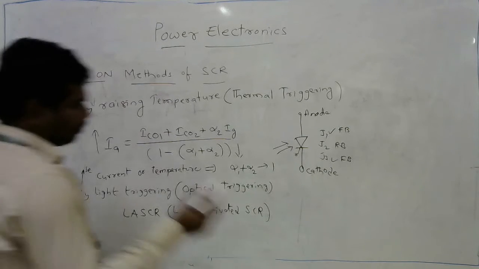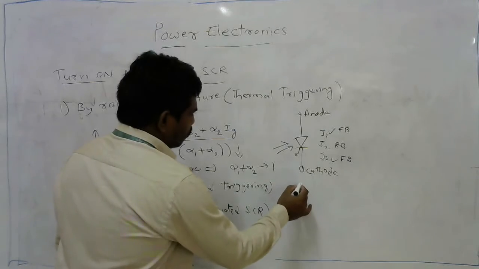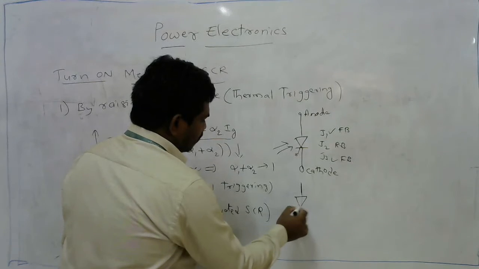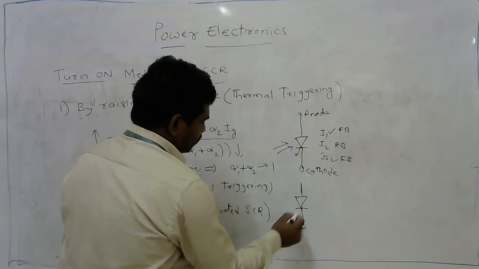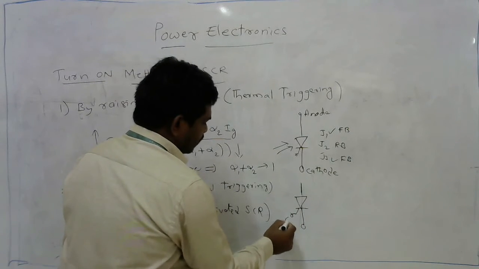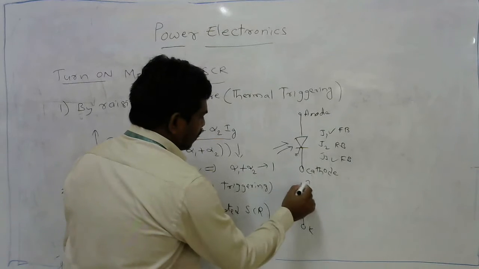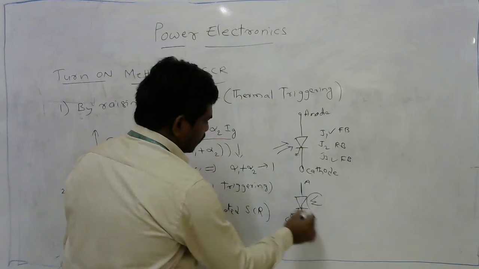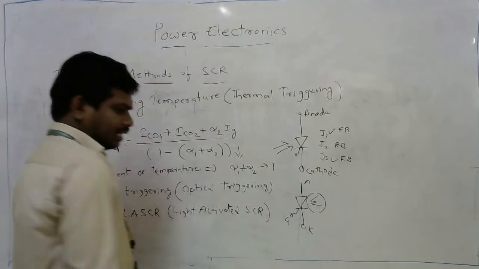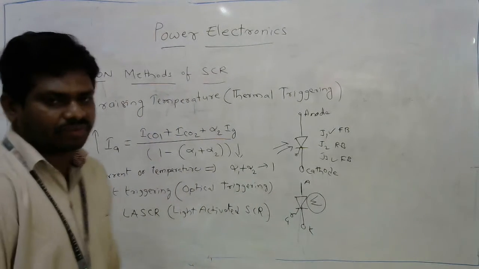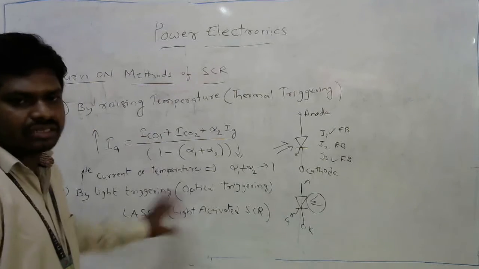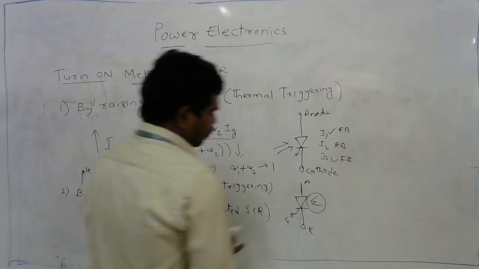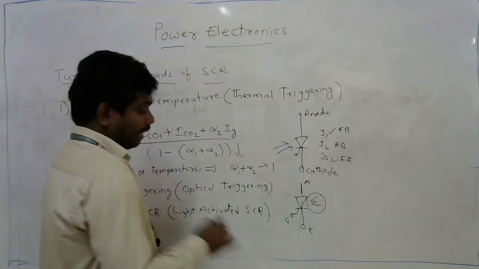This is my SCR symbol, with gate, cathode, and anode. Here we are applying some light at junction J2, meaning there is one window in this LASCR structure, and at that window we apply the light.